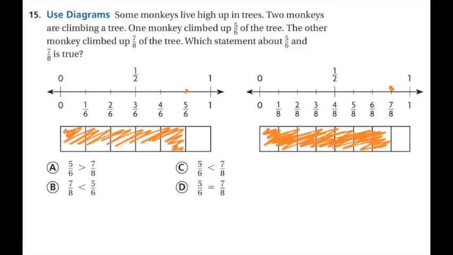This is when I'm going to think about how far away from 1/2 they are. So when I look at 7/8, 7/8 is 1/8 away from 1/2, and with 5/6, it is 1/6 away. Now look at the difference in the size of the pieces. I'm going to shade the difference in blue. Here's the 1/6 piece, and here's the 1/8 piece.